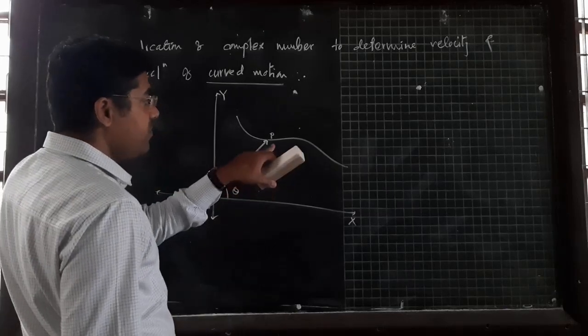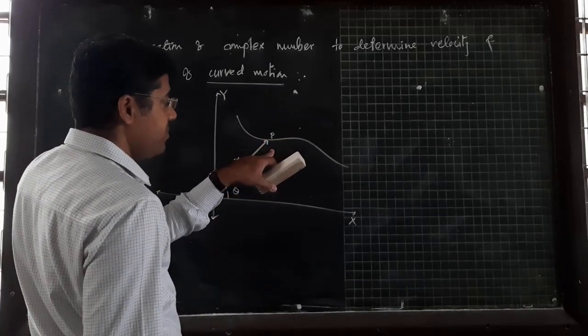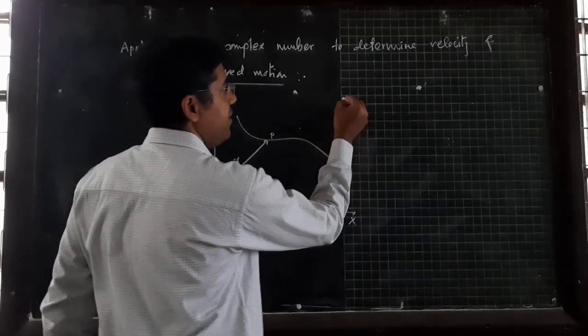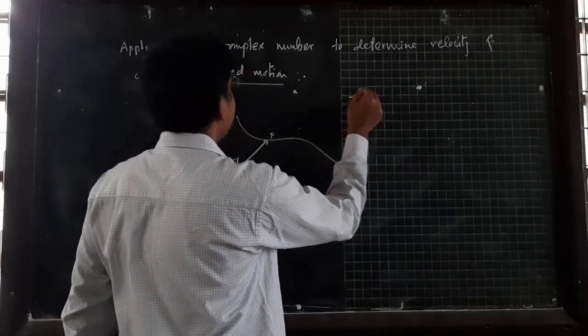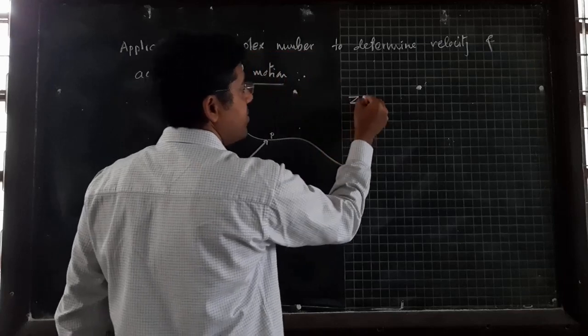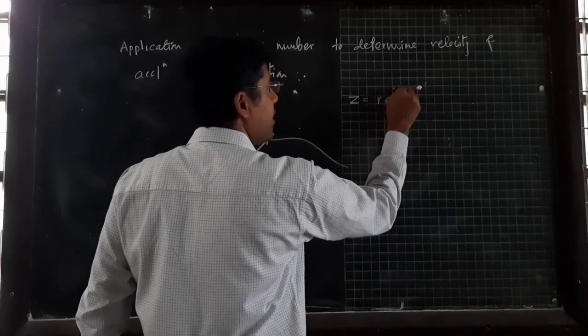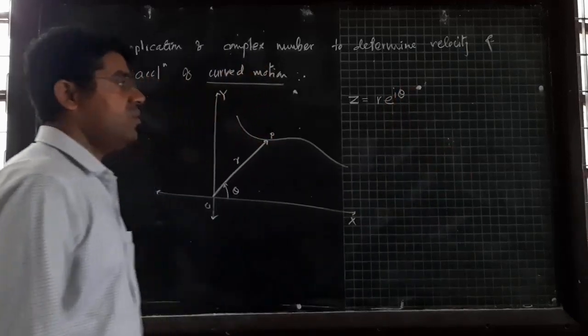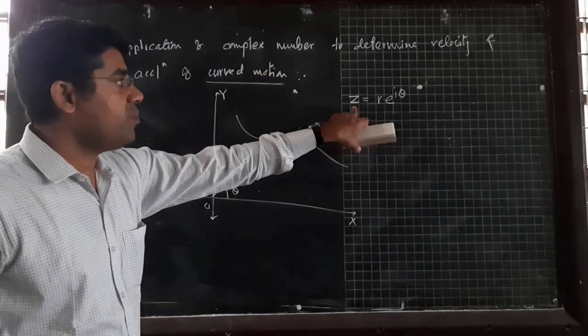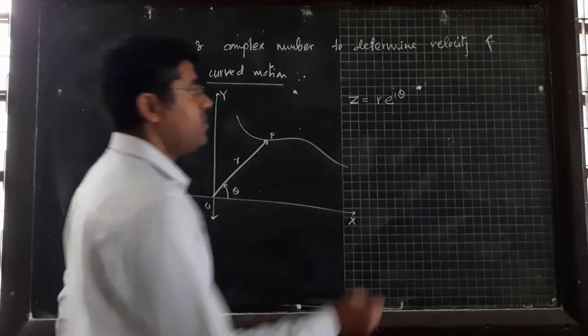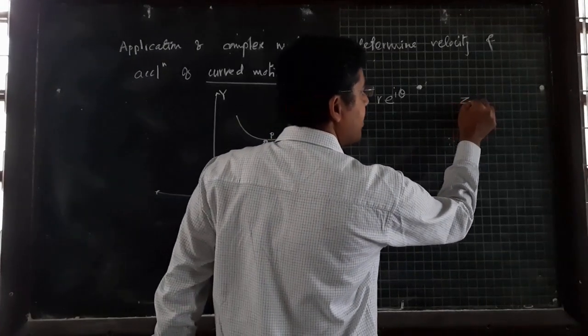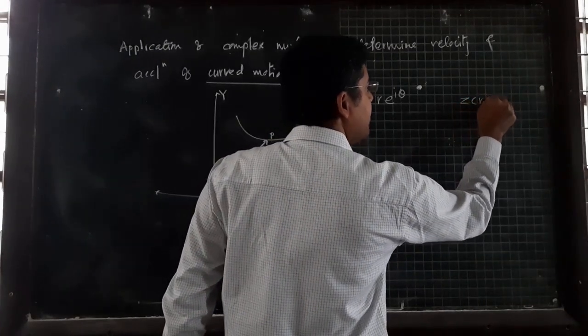At one particular instant of time we have to determine the complex number. We can write it in terms of r e raised to i theta. Here we can use the complex number in exponential form, having the coordinates r and theta.